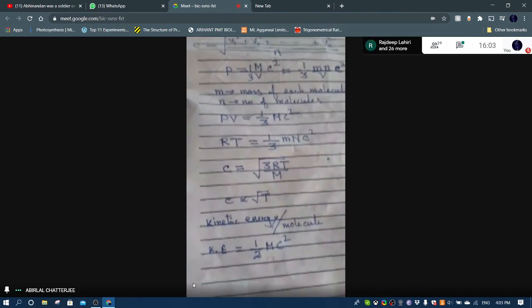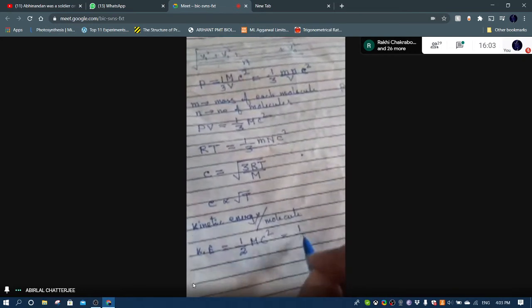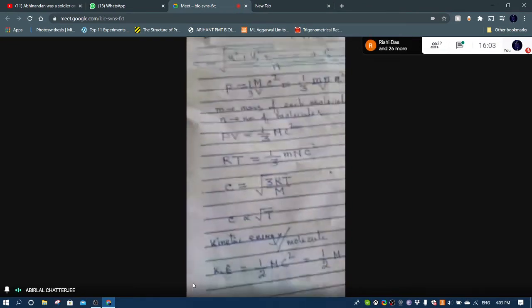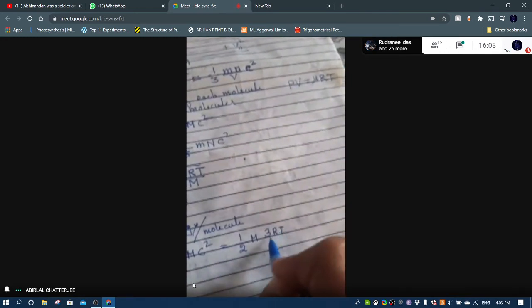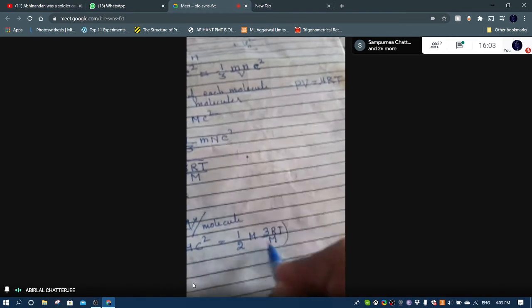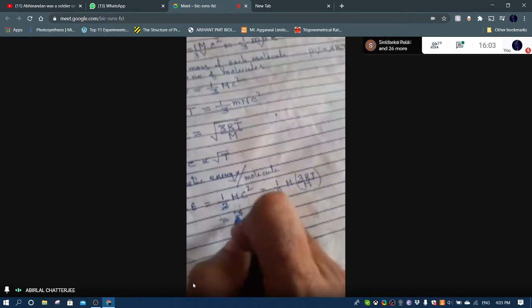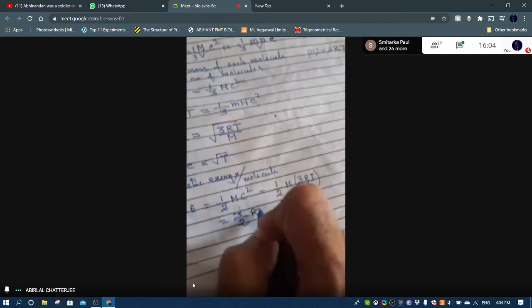So that is equal to half m into c square, where c is root over 3RT by M. That means 3RT by capital M is the kinetic energy, that gives you 3 by 2 RT.